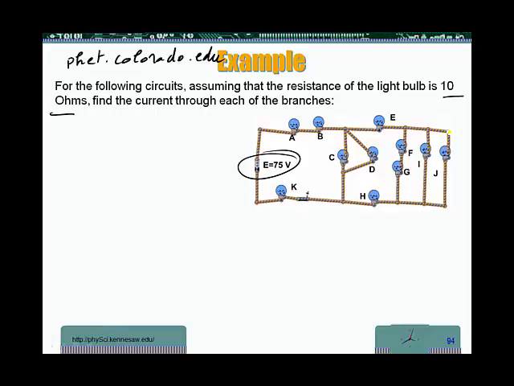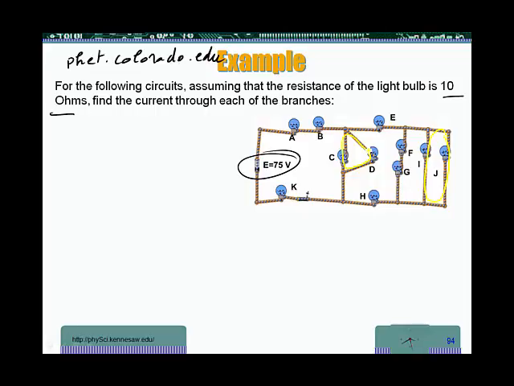We have examples here, like these two. That's the only two in that loop. We also have these two. They are the only two in that loop. So both of these are in parallel.